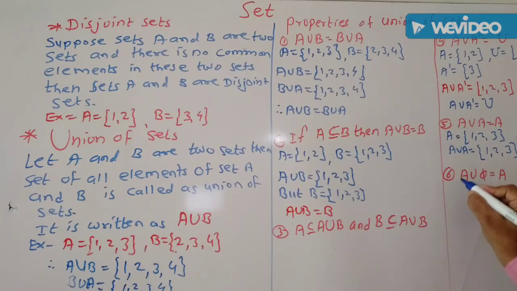Now sixth property is A union phi is equal to A. Again suppose we take A as 1, 2, 3. Phi means empty set, there is no element in that empty set.